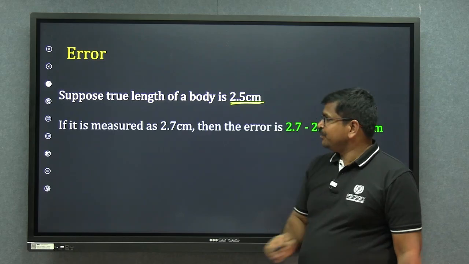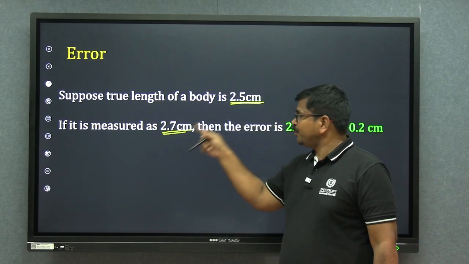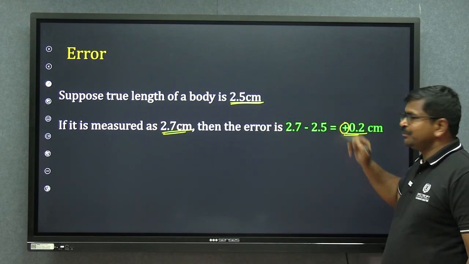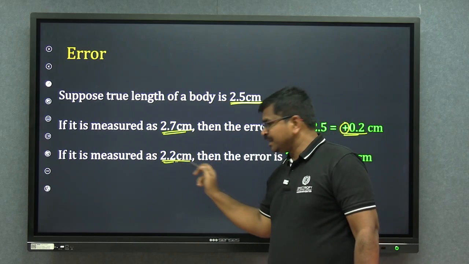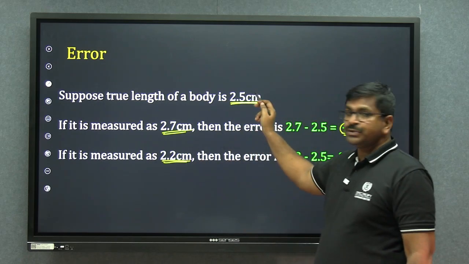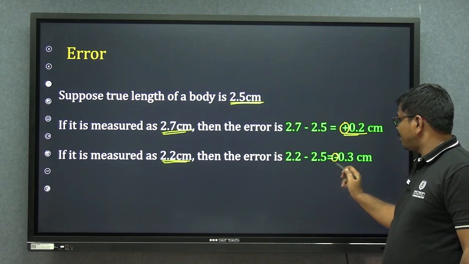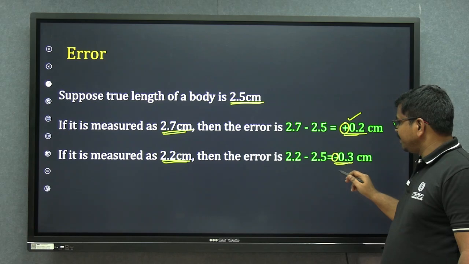If your measured value is 2.7, in this case measured minus true, 2.7 minus 2.5, your error is positive. Suppose your measured value is 2.2 centimeters, in this case measured minus true is minus 0.3. So error may be positive or may be negative.